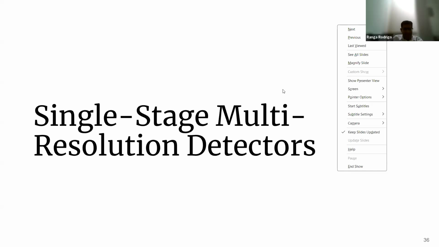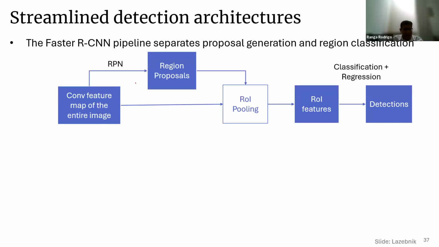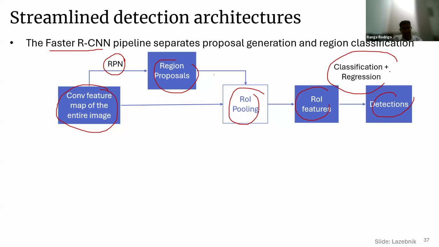Okay, so now let's look at single-stage detectors, because these are important. To remind you of the difference: in Faster R-CNN, we compute the convolutional feature map of the entire image, and we run the so-called region proposal network, and you get region proposal boxes. From these boxes, you do ROI pooling. That means the features are collected for each of these boxes, and then we have the ROI features, and on top of them, we run the detection. That means classification and regression. Classification means to say whether that box is a cat, dog, or car, or whatever. Regression means to slightly adjust the bounding boxes.